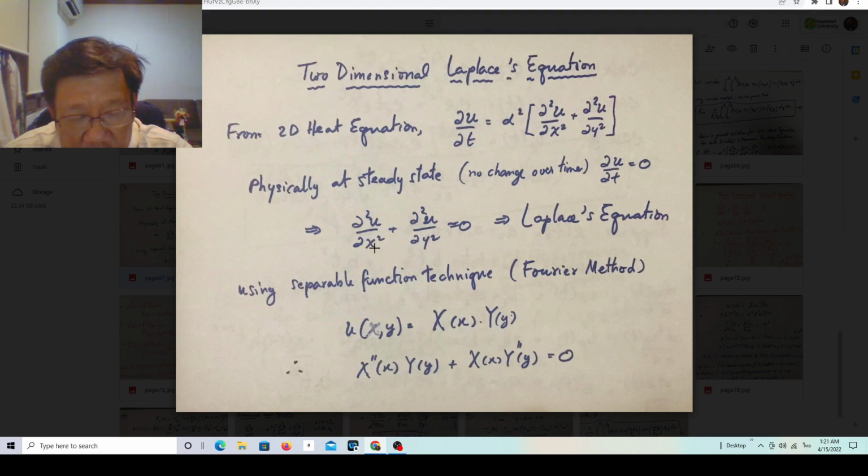Therefore, when you apply the separable function, the first term becomes the second order just for capital X, and capital Y becomes a constant value. And the same for the second term, it becomes the second order of capital Y, and capital X, corresponding to the domain x, becomes a constant.